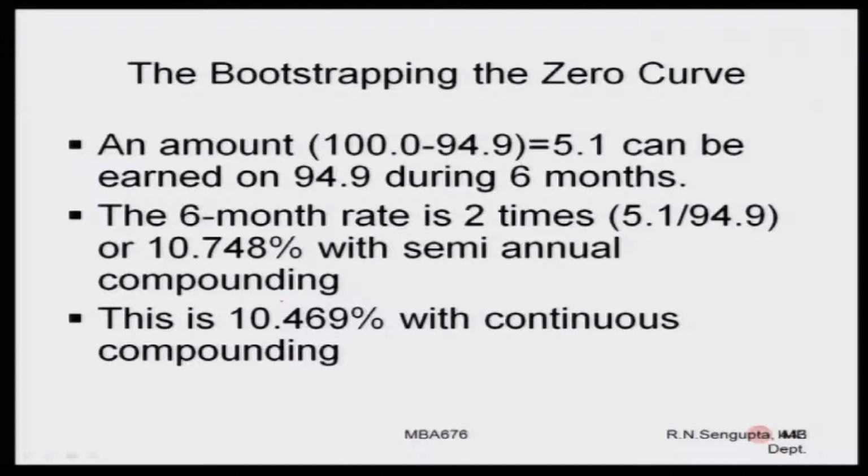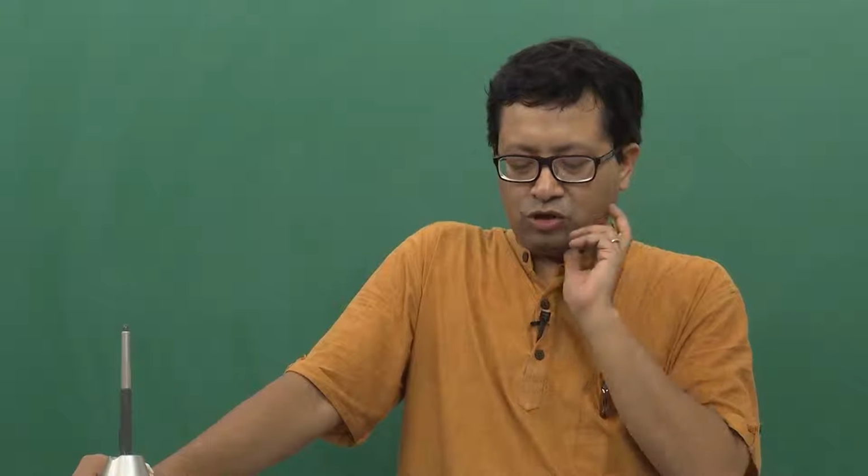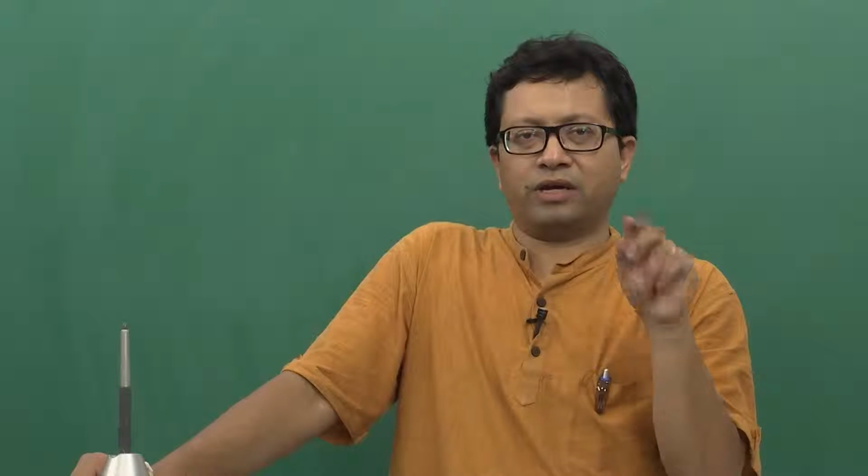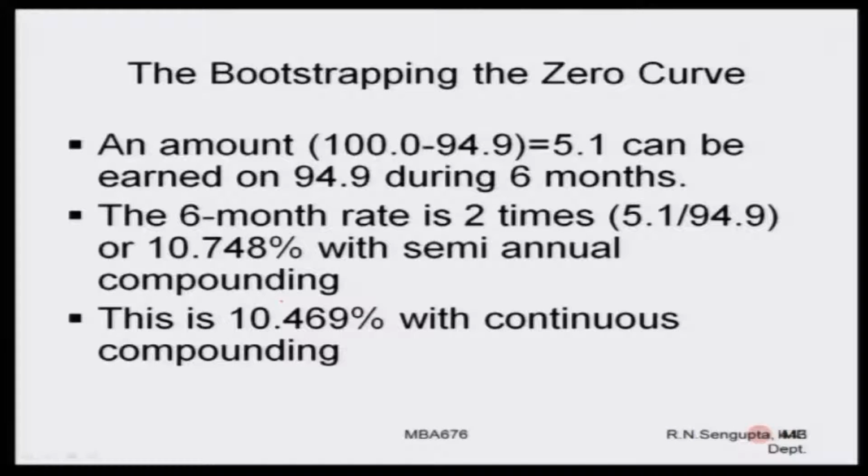Now consider the second row. Here again the face value was 100, and the actual value of the bond depending on demand and supply is 94.9, so the gain comes out to be 5.1. You will ask, after how many months do you get this 5.1? It is 6 months, which is half a year. The 6-month rate, semi-annually compounded, per annum would be 2 multiplied by 5.1 divided by the investment of 94.9.